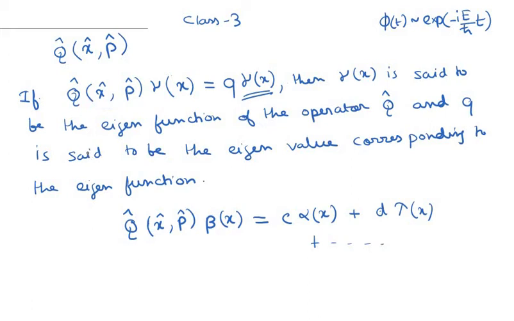So an eigenfunction would produce an eigenvalue only when it is operated by its corresponding operator, or an operator acting on a function would produce an eigenvalue when that function is the eigenfunction of the operator itself.